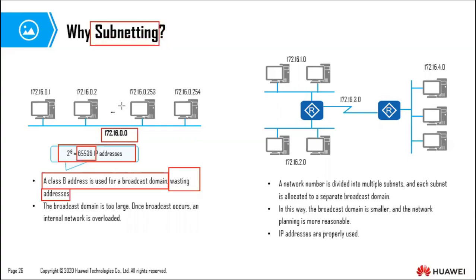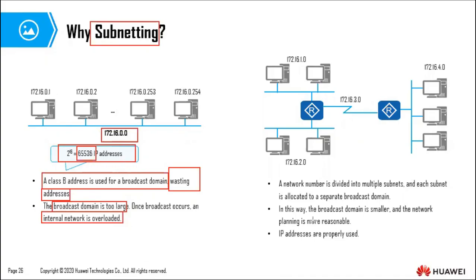Number one, to reduce the broadcast domain, because anytime computers want to talk, they must start by sending an ARP request, which is a broadcast. And we want to stop address wastage. What happens when the broadcast domain is too large? The internal network is going to be overloaded, congestion.